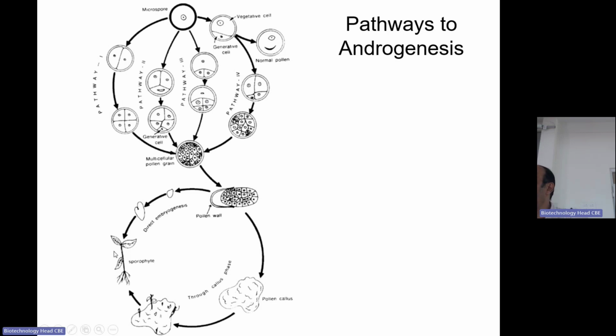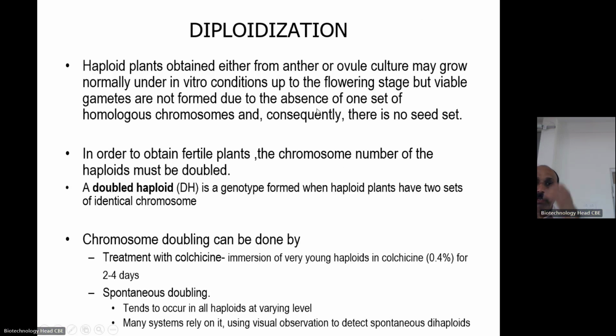So diploidization. The haploid plantlets cannot give rise to fertile seeds, right? So this will not produce viable seeds. Haploid plants from either anther or ovule culture can grow normally under in vitro conditions and go up to the flowering stage.